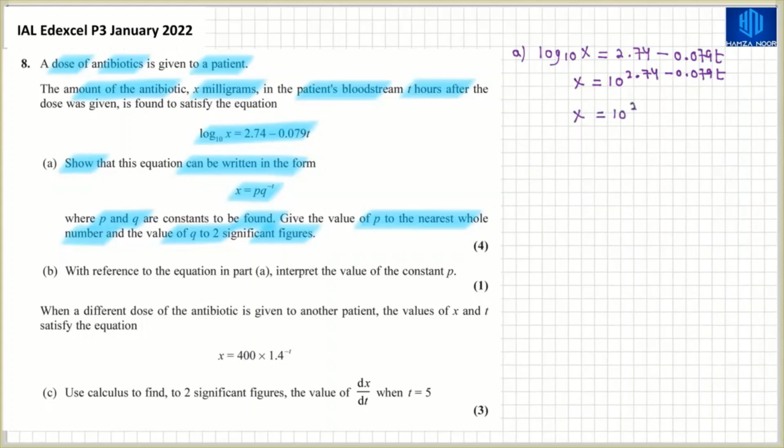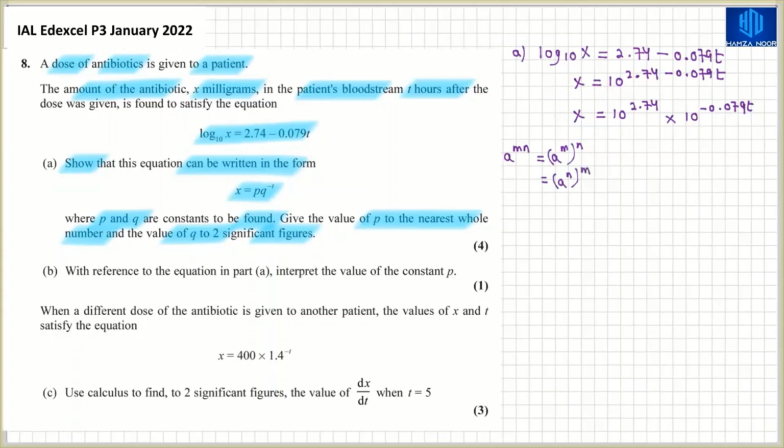x equals 10 raised to the power 2.74 multiplied by 10 raised to the power minus 0.079t. And now for the next step, we know that a raised to the power m times n can be rewritten as a raised to the power m, whole thing raised to the power n, or we can also say a raised to the power n, whole thing raised to the power m.